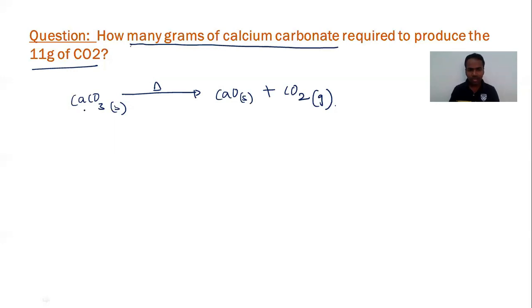Let us check whether it is balanced or not. Here one calcium, here one calcium, one carbon, three oxygens. It's already balanced. So irrespective of the given data or this question, first we have to derive the weight-weight relationship. Because the question belongs to weight-weight, that's why we need to derive the weight-weight relationship first.